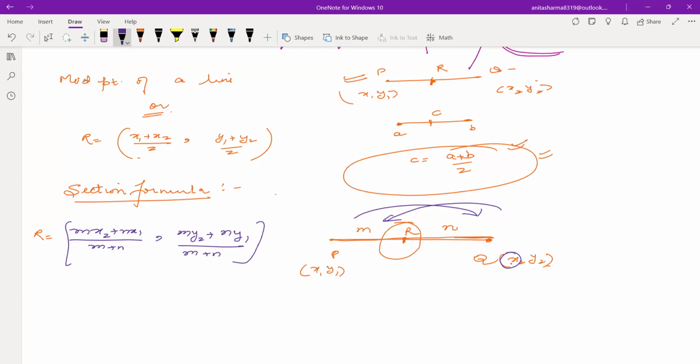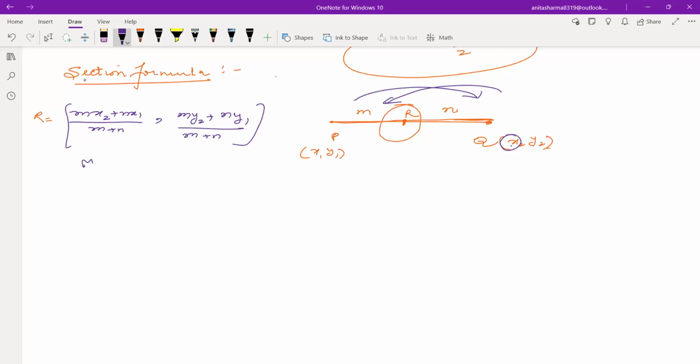Okay, children. So see, by this formula, I will explain the midpoint. Even I can show you the derivation, but it will be quite lengthy.